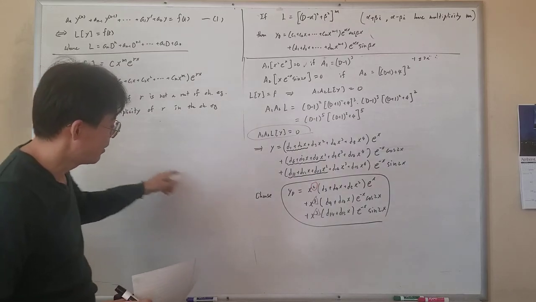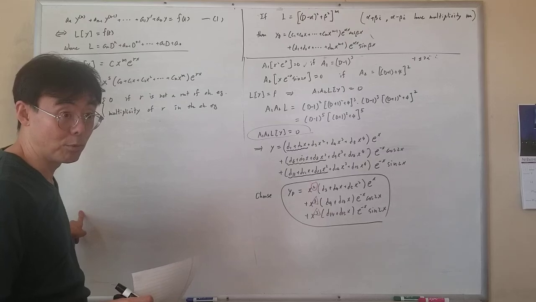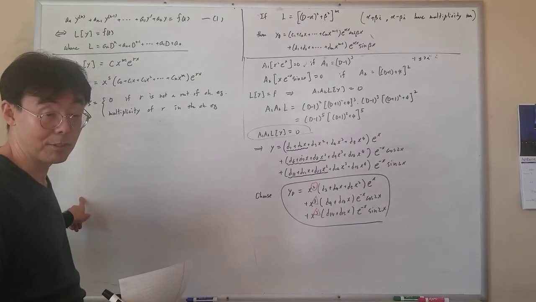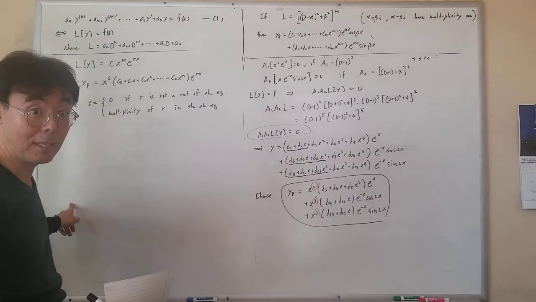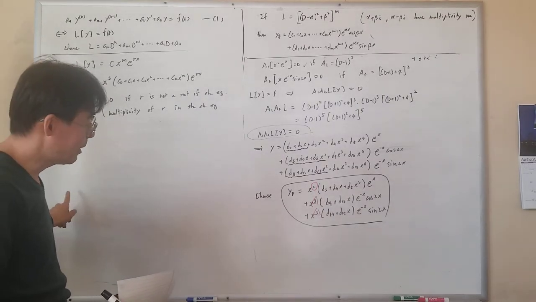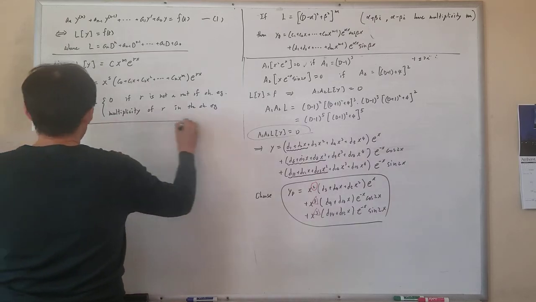Previously, d minus 1 was the double root of the original in the previous example. That's why you have 2. That same order, same multiplicity in L should come over here.